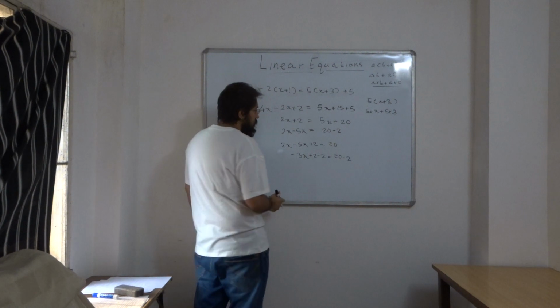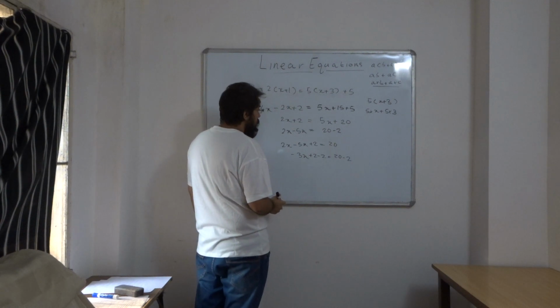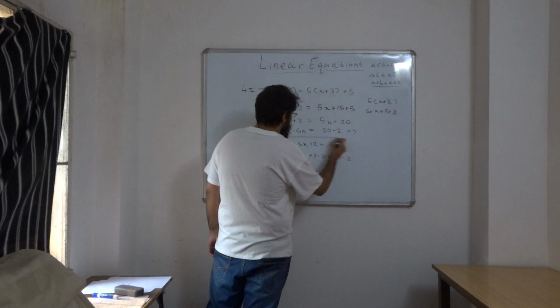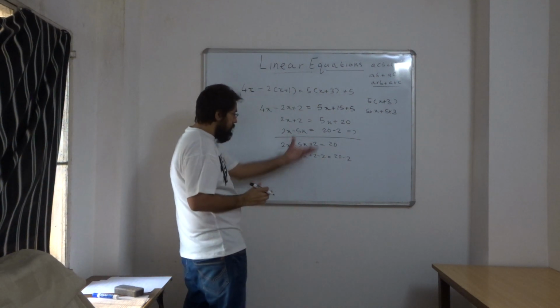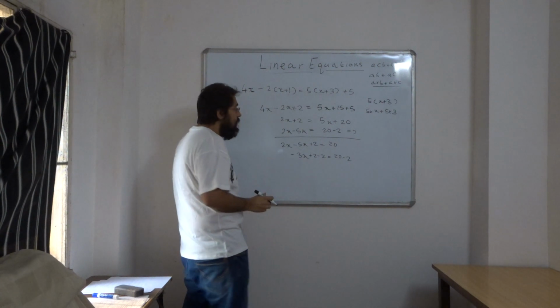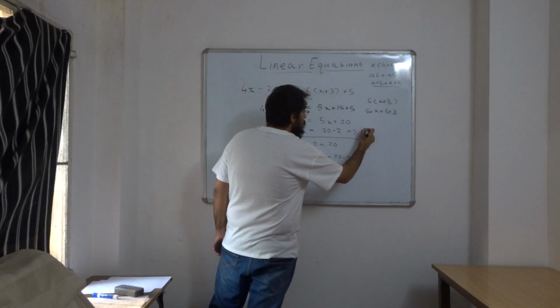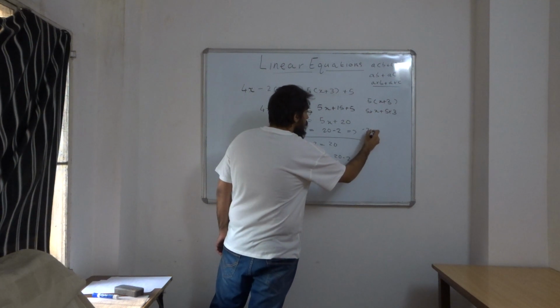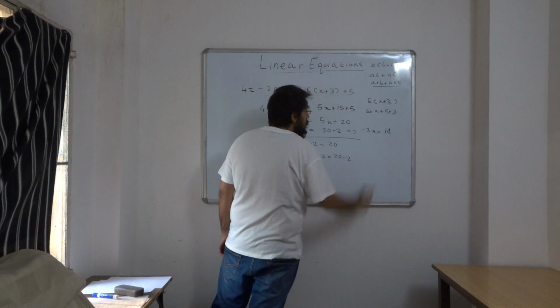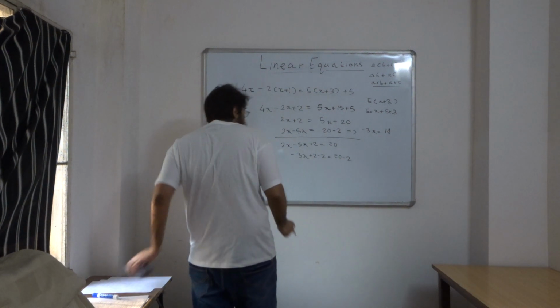Okay, so let's continue here. I was just re-emphasizing a few steps here. So here you get negative 3x, okay? Negative 3x equals 18.